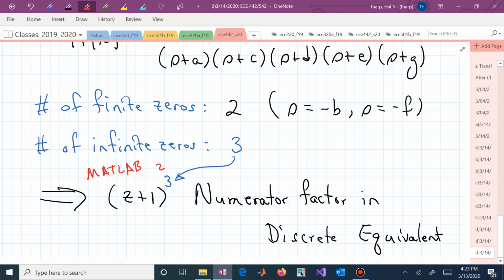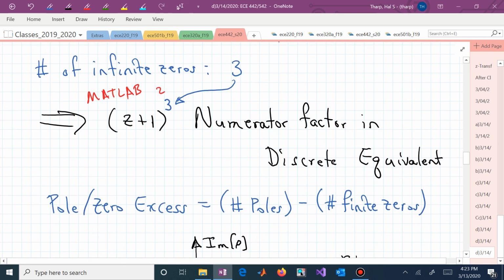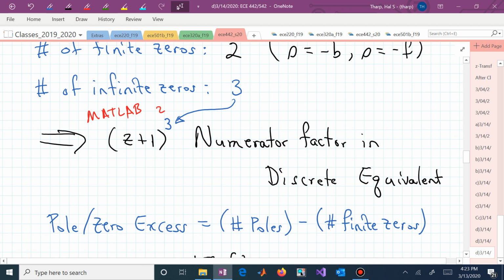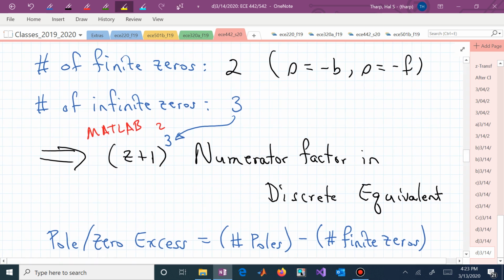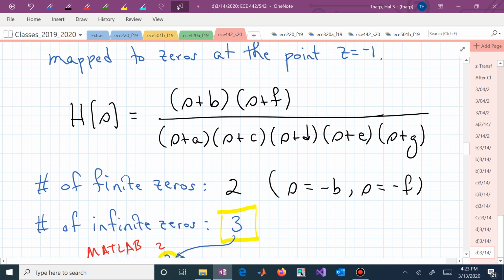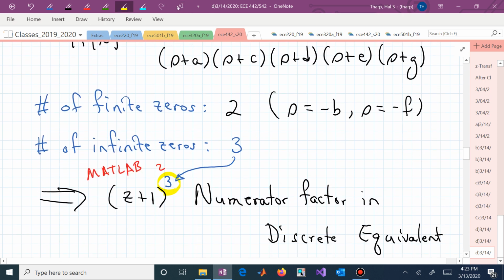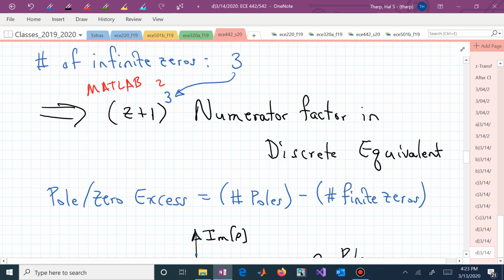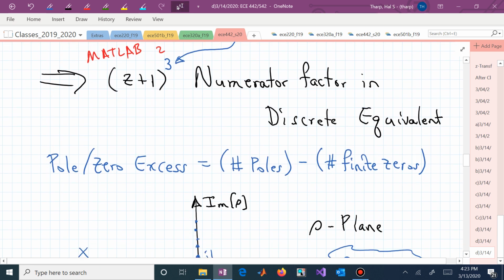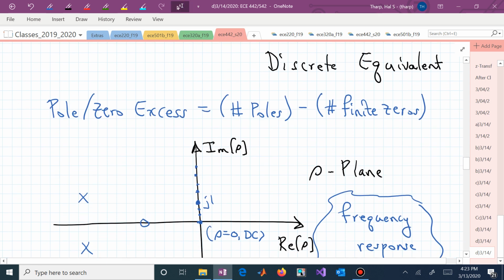Now if I say I want you to have a certain pole zero excess in the z domain, then you would have to modify what this power is relative to the number of infinite zeros in your original H of s expression. The pole zero excess is just the number of poles minus the number of zeros.